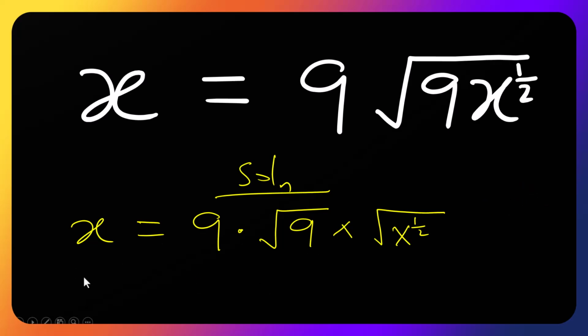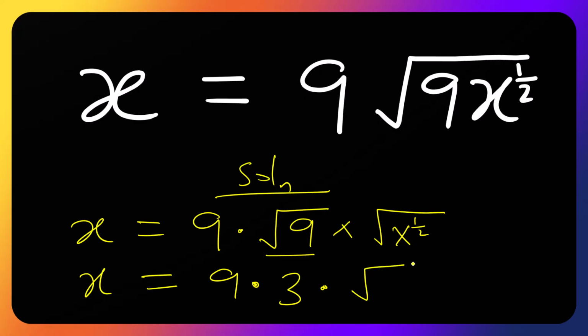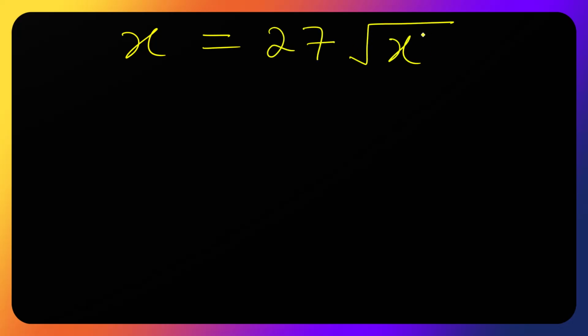So from here we can say x equals 9 times, so this side will be 3 times the square root of x raised to the half. So 9 times 3 is 27, so we have x equals 27 times x raised to the half.